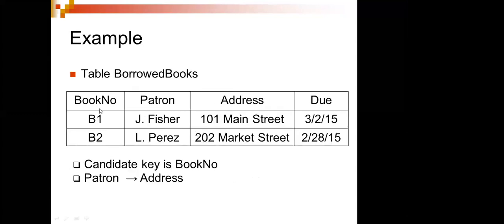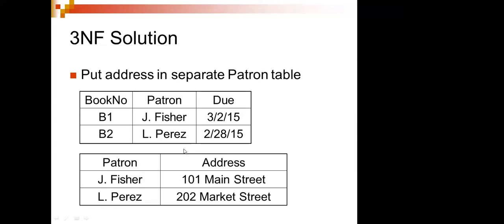Simply I need the book number and the person and what is his date, right? So like this, what is happening? My columns have decreased, and whenever I want something like an address, I'll go to the particular table. I'll split that table so that in the future, if I want any address, I am able to get it. Otherwise you have the problem of update anomaly and insertion anomaly.